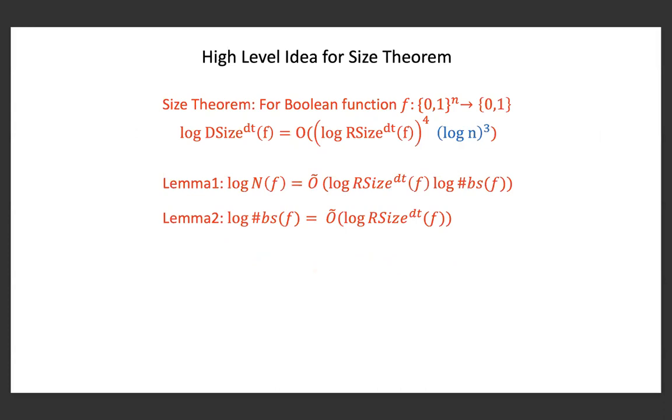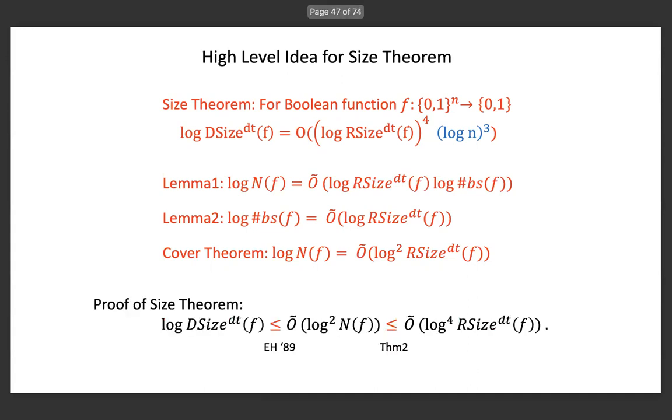So this tells us that if the randomized size is small, then the cover number is small. This tells us that the cover number is upper bounded by log of randomized size to the power 2. And now combining this cover result with the result of Ehrenfeucht and Haussler, we get our size theorem.